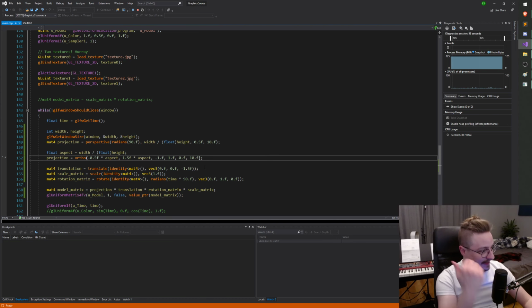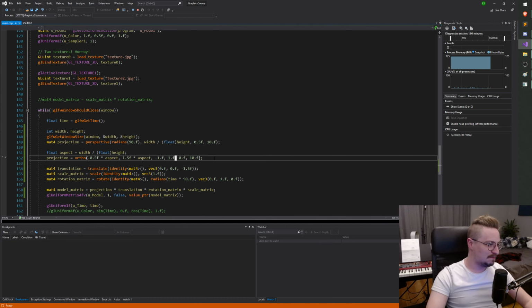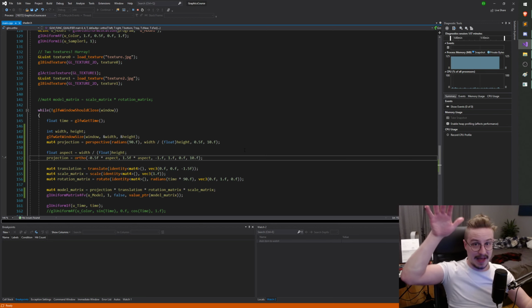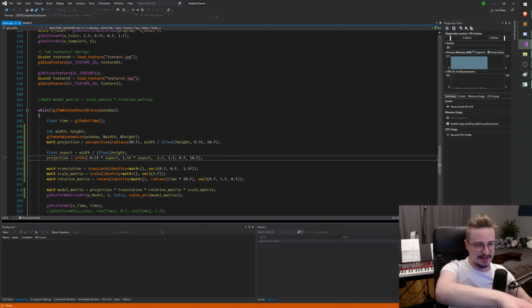But anyways, that's another type of projection, and this is very useful for top-down games, or for that matter 2D games. If you're making a 2D game, you probably don't want depth, you probably want everything to stay the same size, so an orthographic projection is very good. Also, if you're doing a top-down game, sometimes you want a little bit of perspective, but other times you want to keep everything the same size, so you have a very nice overhead view of things.